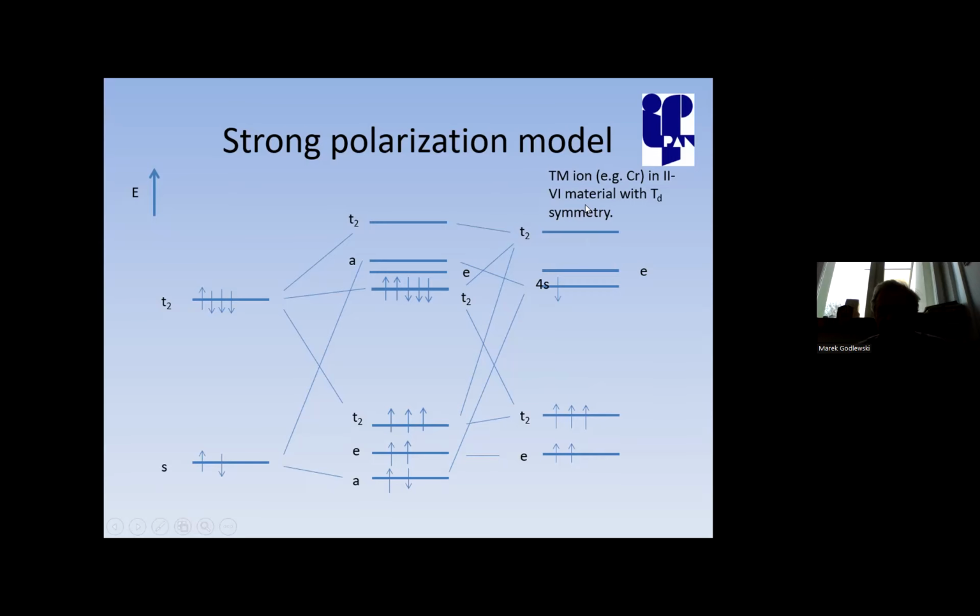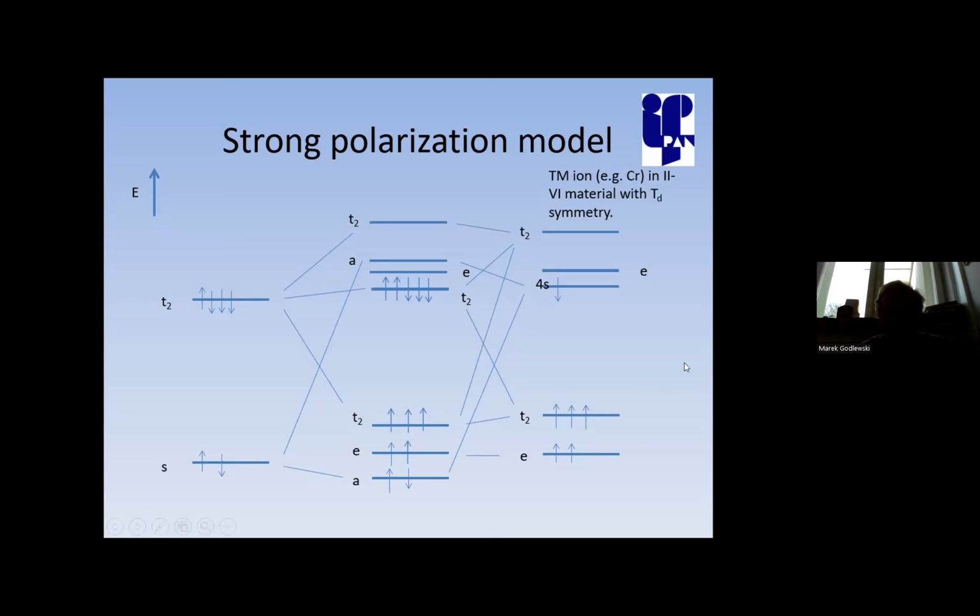I took the situation for a tetrahedral environment, and then 1 electron we put above, on something with S symmetry. For the ligand, we have 6 electrons, 2 of them on S states, 4 on T2, and for simplicity, one electron spin should be in the opposite direction to the 3 others here.